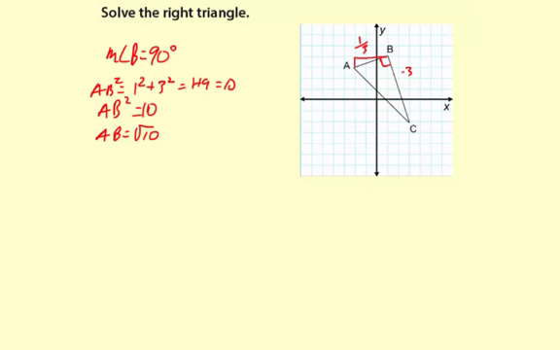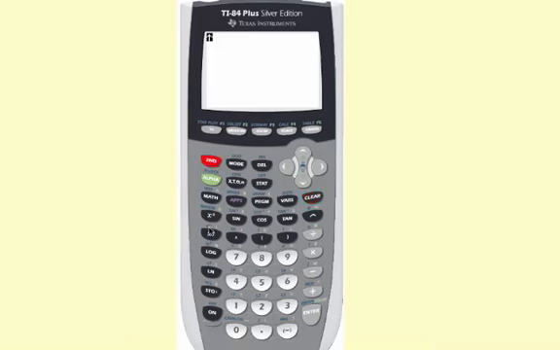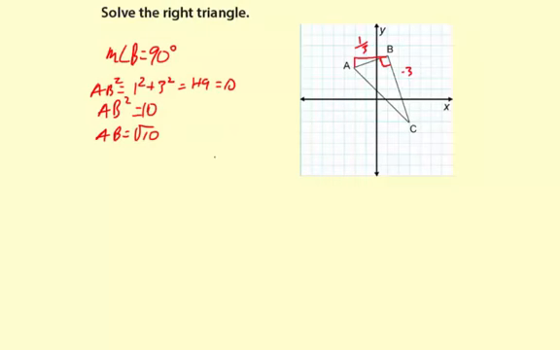So AB squared equals 10, and that means that AB equals the square root of 10. If you want a decimal form, you can find the square root of 10 on a calculator. So 3.16, I'll just say 3.2. Remember, these squiggles mean approximately 3.2, and it's a rounded estimate, really.